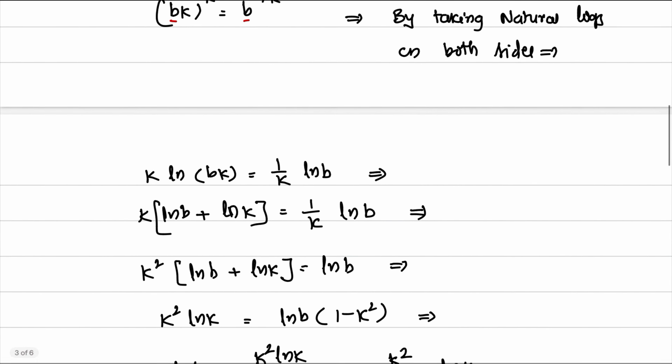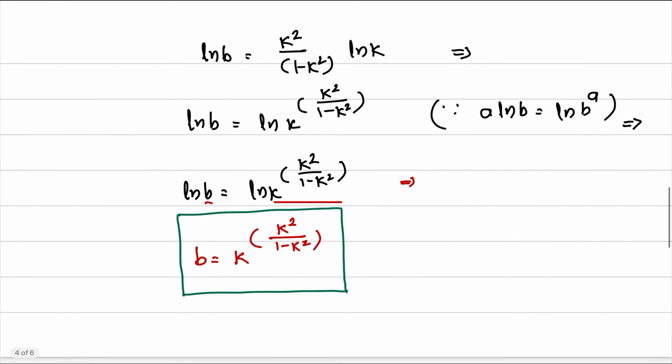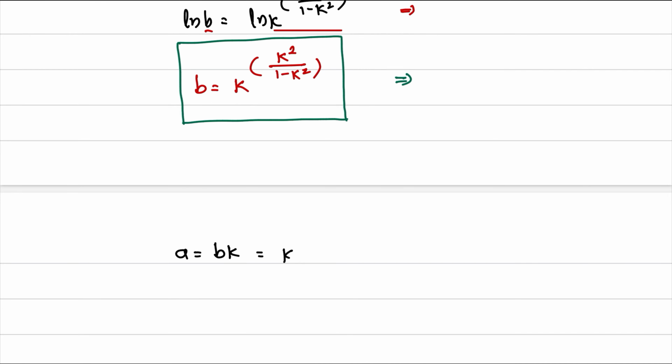a is equal to bk. From this we get a is equal to b into k. What is the b value? k to the power of k square by 1 minus k square into k.